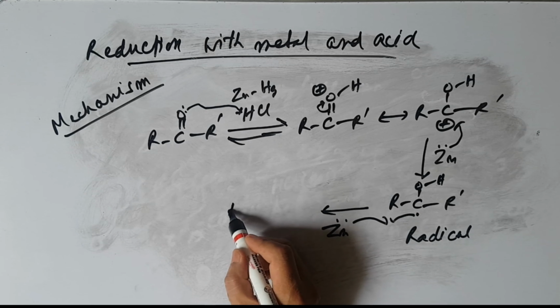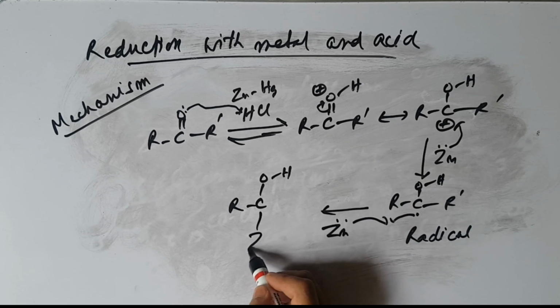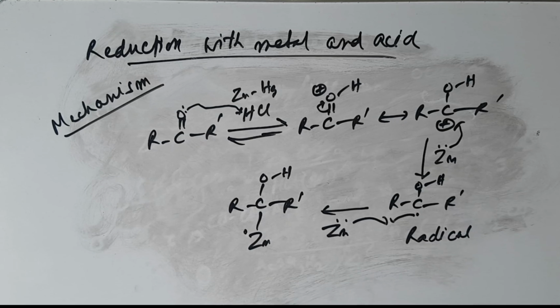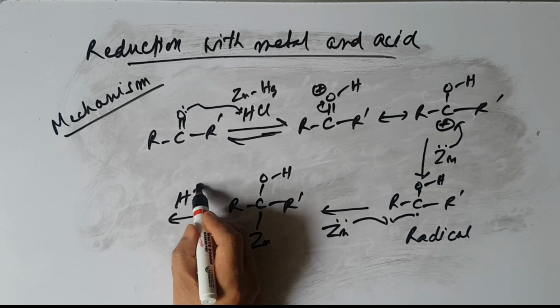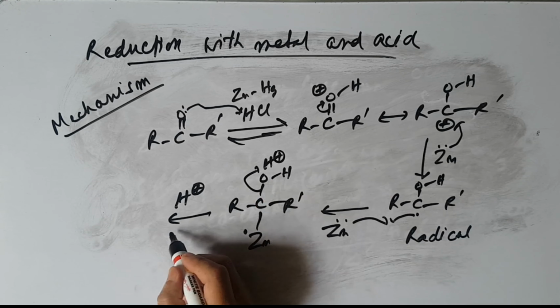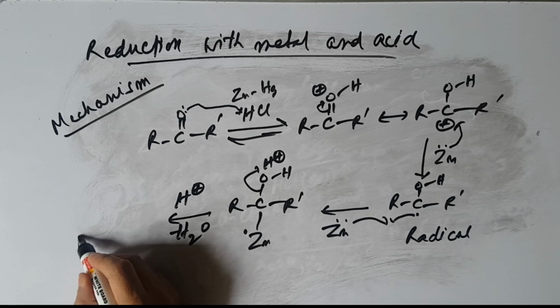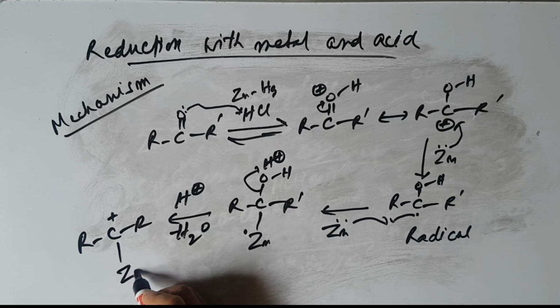So you get an intermediate with OH, zinc, R prime. Now, in the presence of a proton donor, with the positive charge here, the OH is lost as water. So you get this intermediate cation plus zinc.